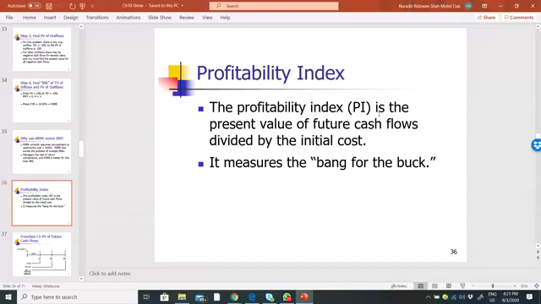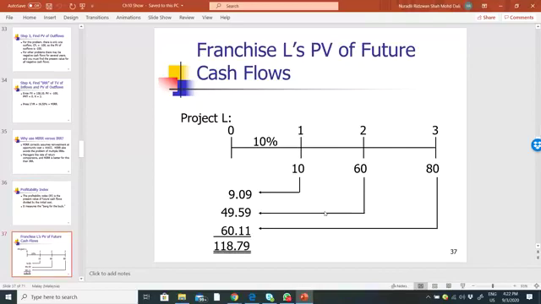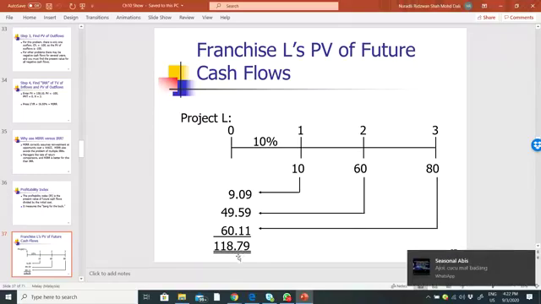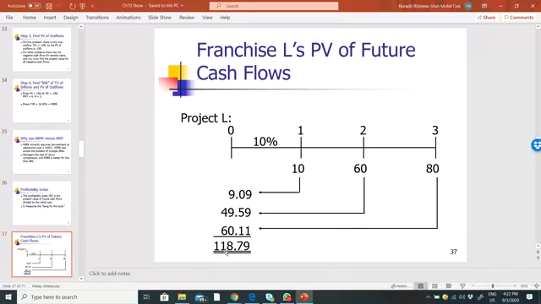The profitability index, PI, is the present value of future cash flows divided by the initial cost. It measures the bang for the buck. So how you do it, you take all your present value, and you get 118.79. This is all your present value.